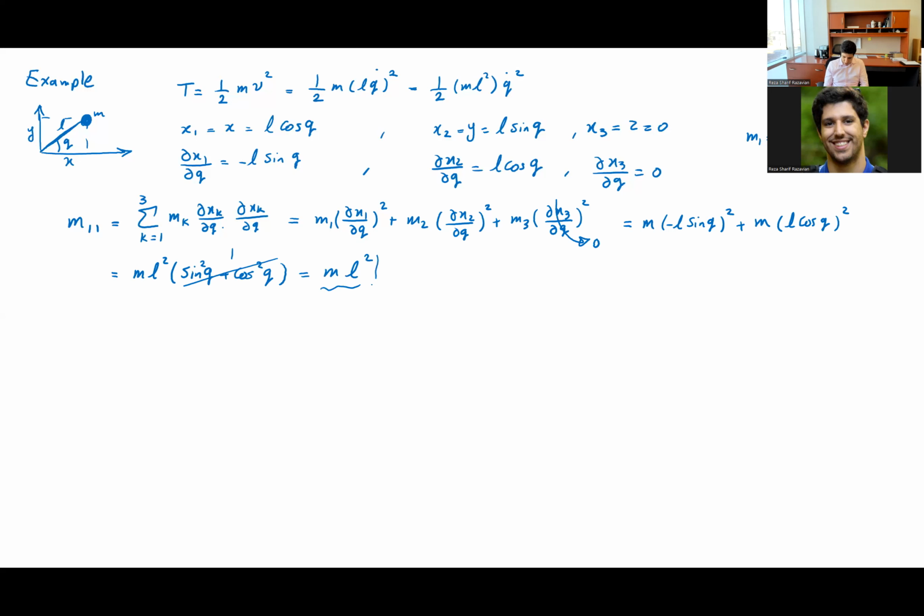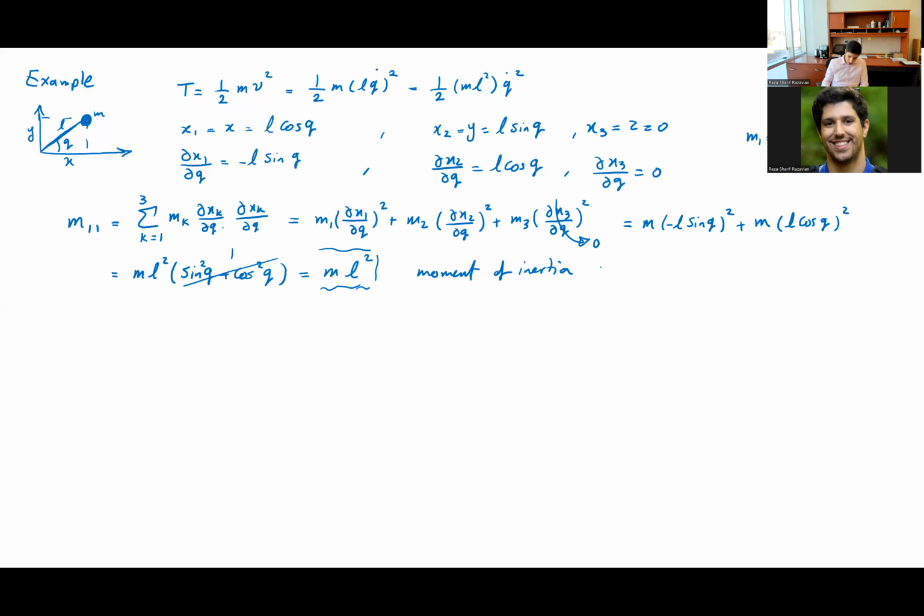So my generalized mass along this direction of q turns out to be the moment of inertia. That's how you can see these fancy math equations end up with very tangible results, and they mean something.